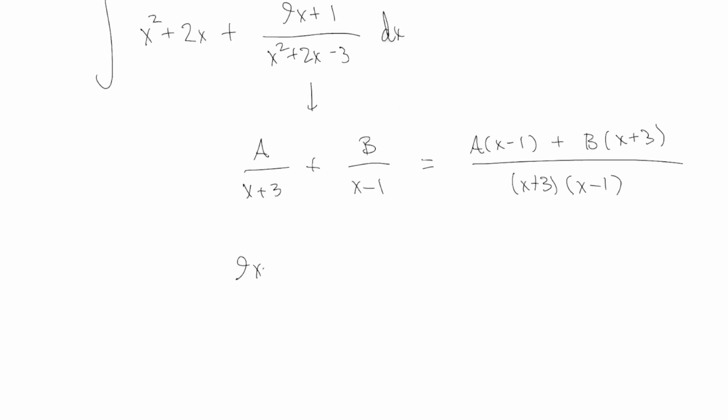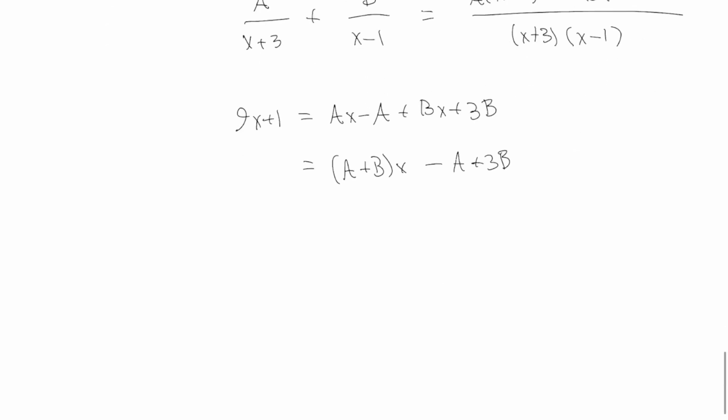So I'd say 9x plus 1 equals, distributing the A's and B's on the right, Ax minus A plus Bx plus 3B. Then rearranging these gives me (A plus B)x, and then minus A plus 3B. So my system to solve is A plus B equals 9, minus A plus 3B equals 1.